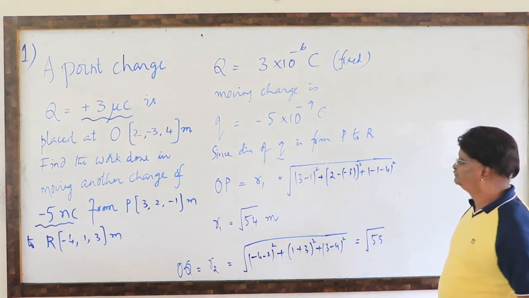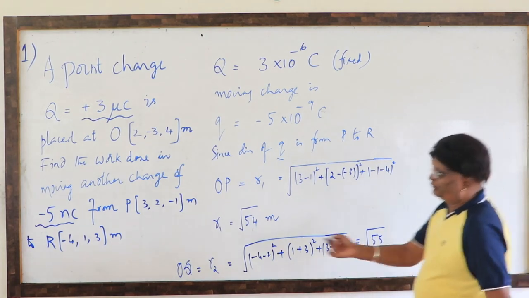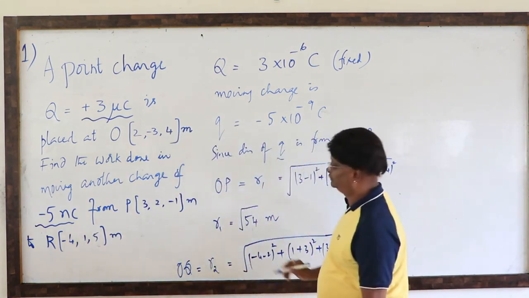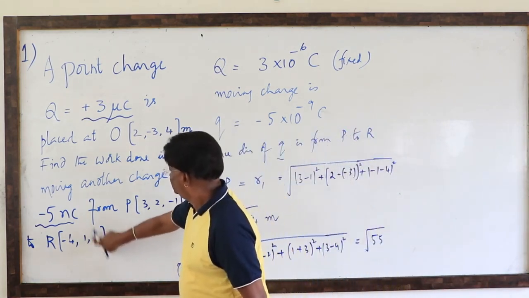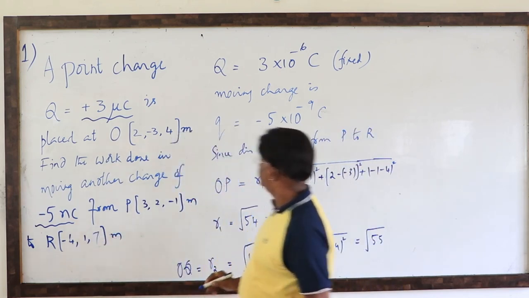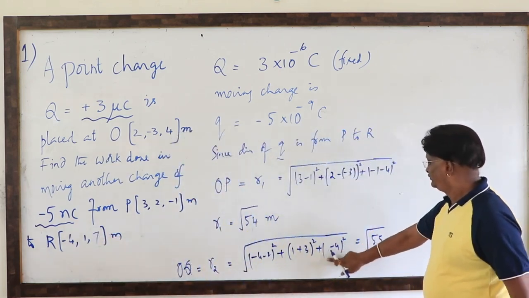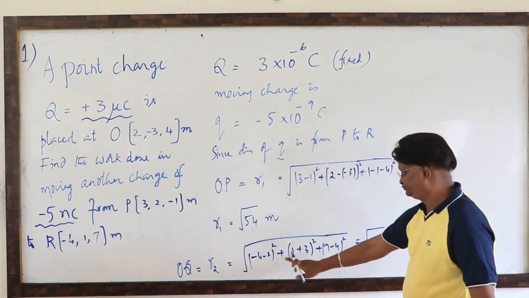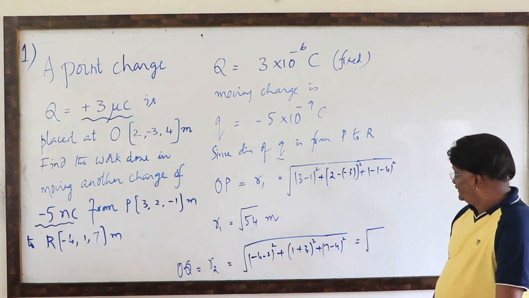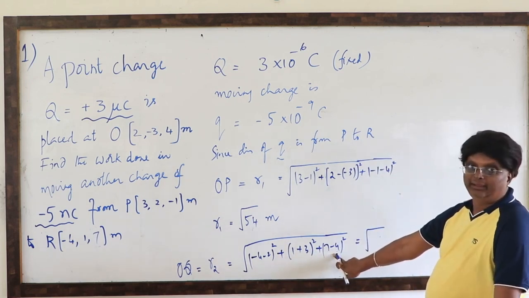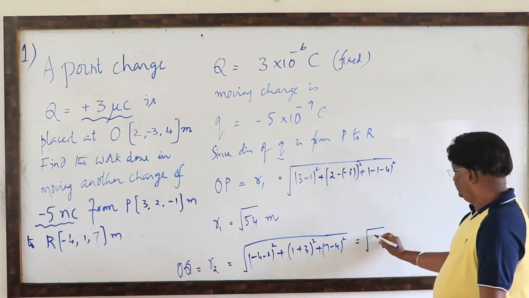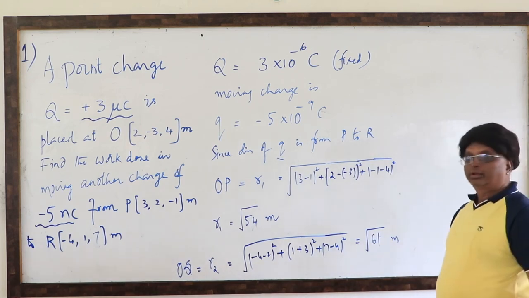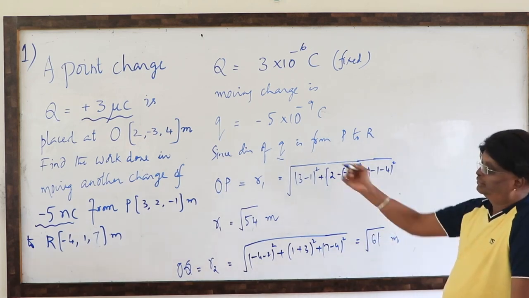Supposing if I want to change, let me take this number as 7, because for bigger numbers, 7 minus 4 squared, therefore it will be 36 and 16, 52 and then 9, 61, under root 61 meter.